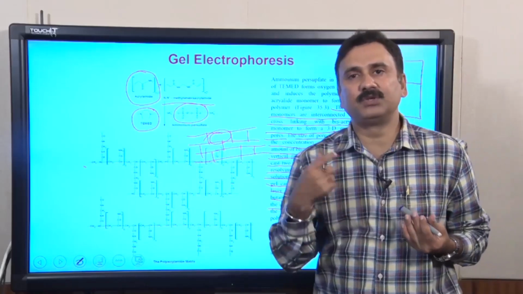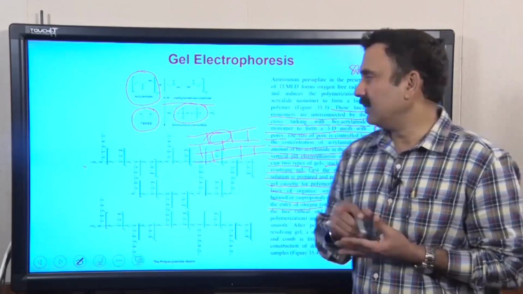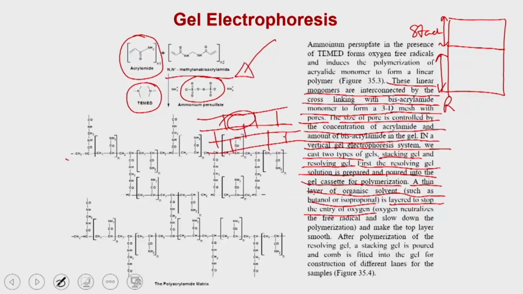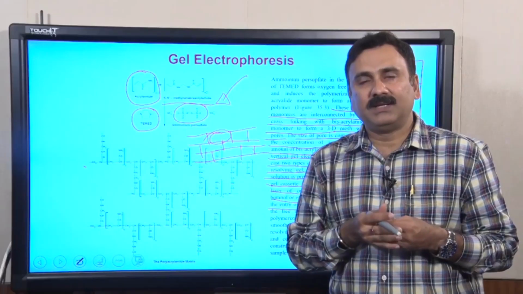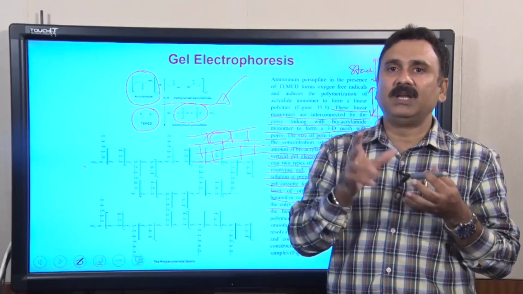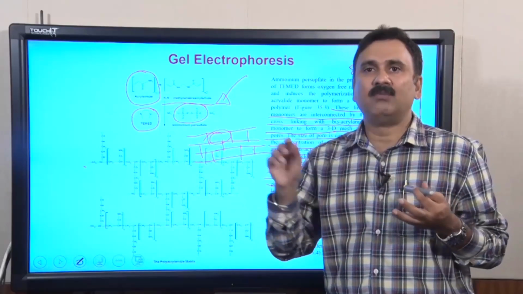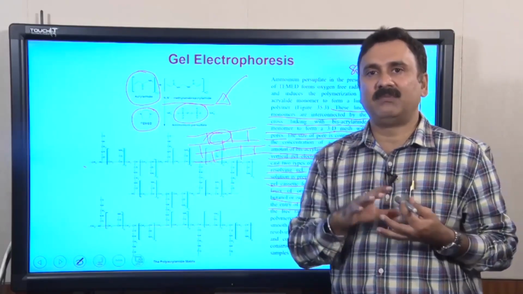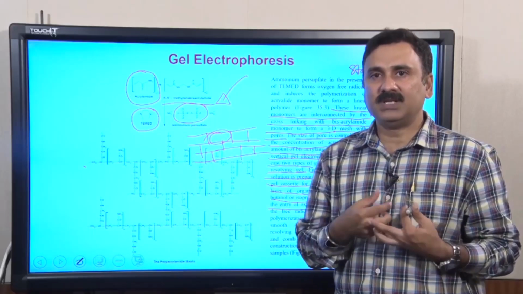That is to stop the entry of oxygen, because the polymerization using acrylamide and bisacrylamide is a free radical mediated reaction. When TEMED and APS are mixed together, they form free radicals, and that is how they activate the cross-linking of the acrylamide monomer by the bisacrylamide cross-linking agent.